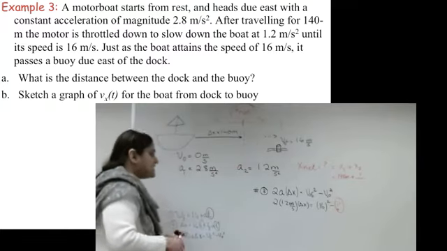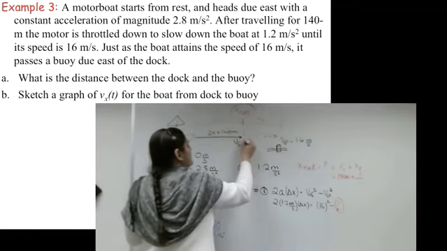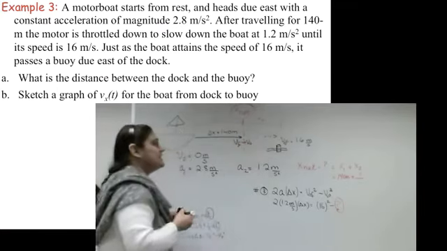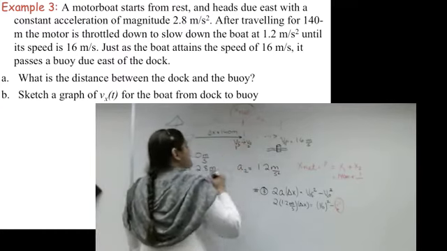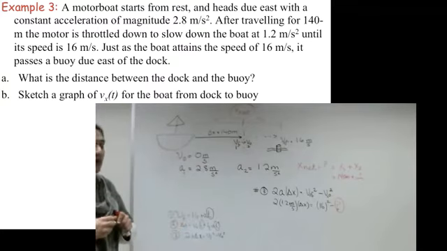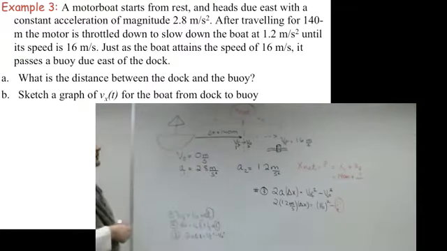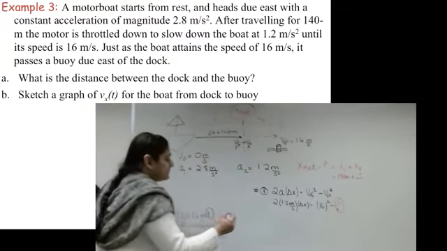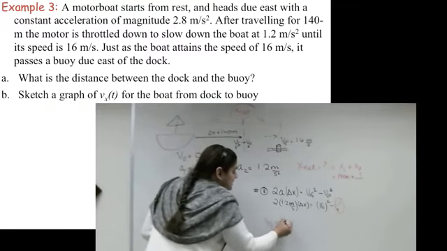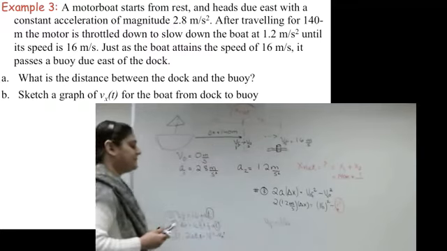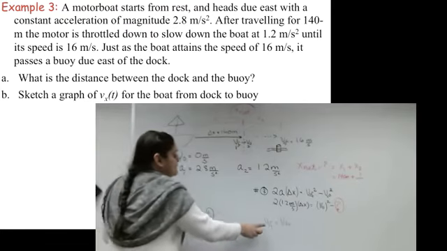So final velocity here is initial velocity here for the second leg. So V1F is the same as V20. Somehow I need to be able to find V1F. What equation can I use to find V1F?